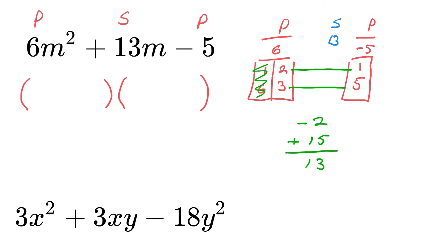So remembering that this is your pair, your 2 and your 3. So in your first bracket, 2m, 3m. Also remember that the 2 and the 1 go together, which means the 3 and the 5 also go together.